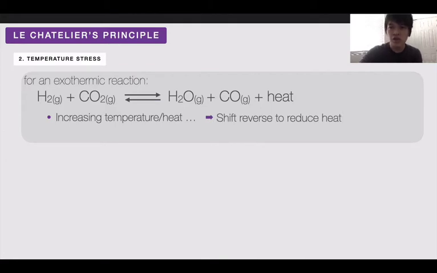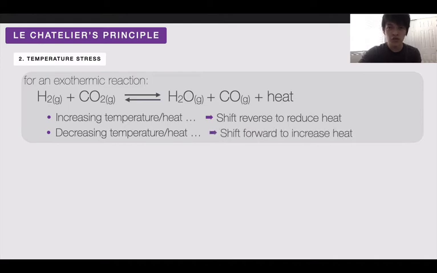If we stress the equilibrium system by decreasing the temperature or heat, then there'd technically be less product now. To relieve the stress, the system will need to shift forward to increase the heat back. So the trick is just to treat the heat as a product.